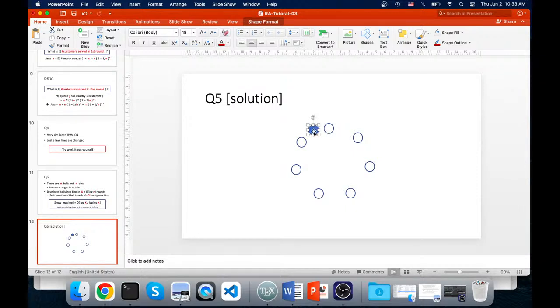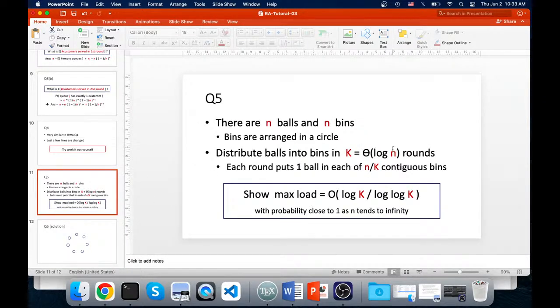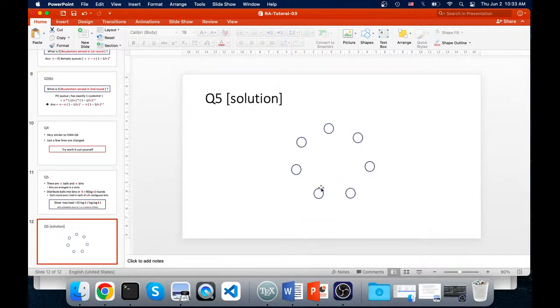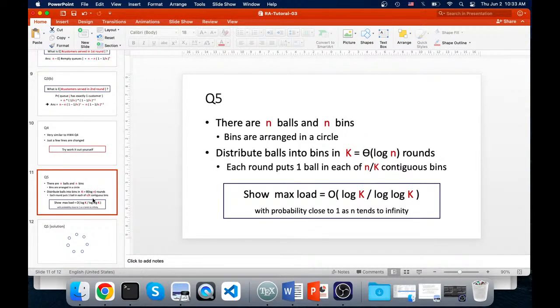So if there are many balls here, that means that either this one or this one will have at least half of the balls. The relation is needed so that we can connect the two scenarios: this is the original setting, and this is the representative setting. If the representative case cannot have a maximum load of L, then the original setting cannot have a maximum load of 2L. This is the idea of question 5.